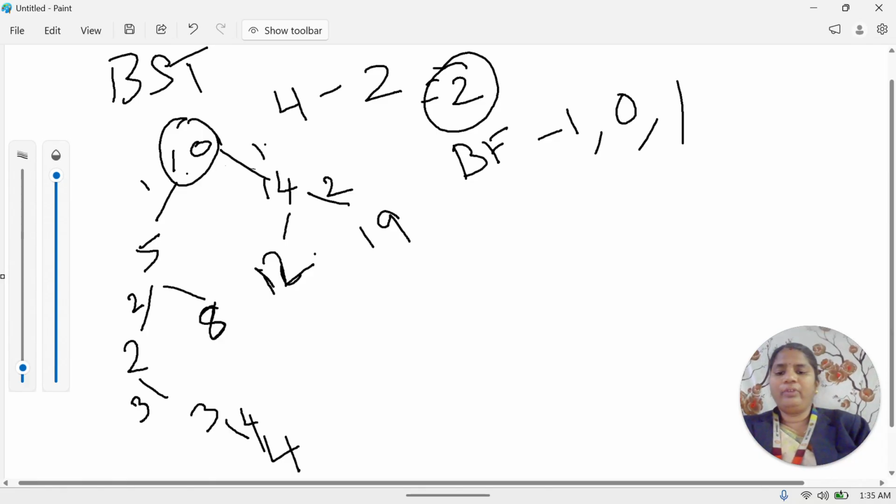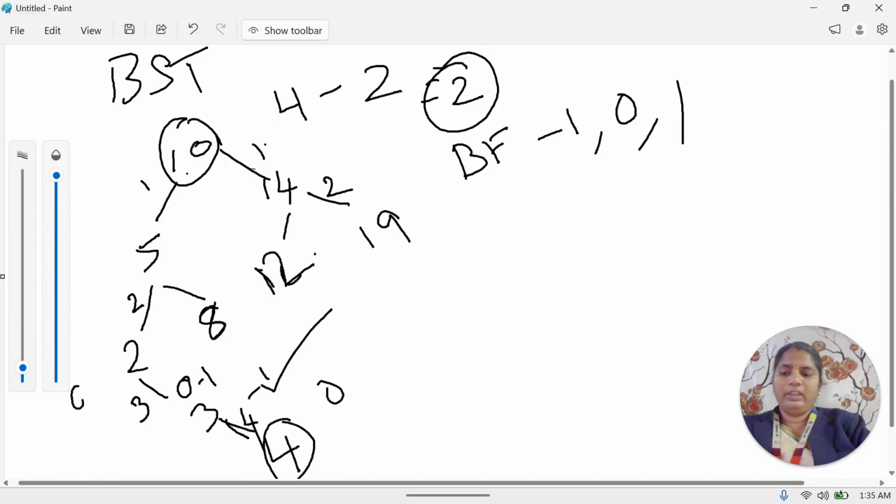For 4 the height is 0. For 3 the height is 1. The balancing factor of 3 is: the left child has none, so 0 minus 1 is -1. So here, for 2, the left height is 0, minus the right child height 2.